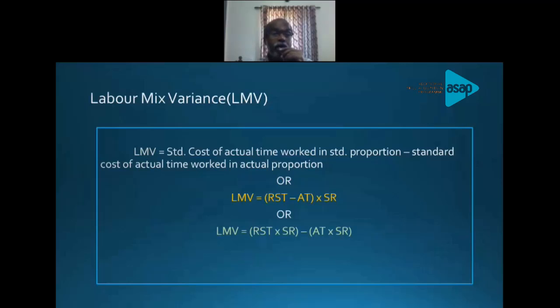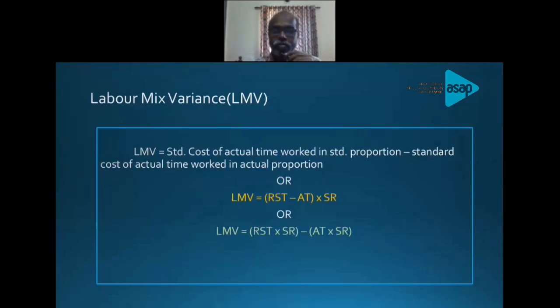Okay. Second one is also standard cost. First and second are standard cost. The difference is the standard time. In the first case, we take into account the standard time for actual output, and in the second case, we are taking into account the actual time.